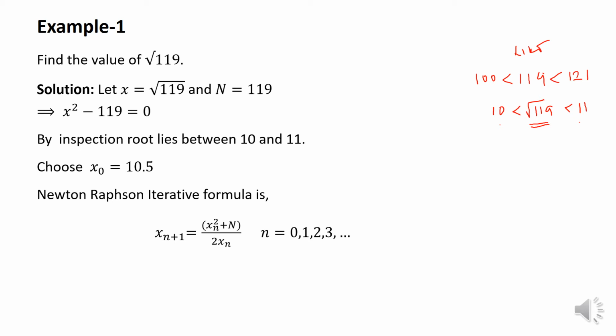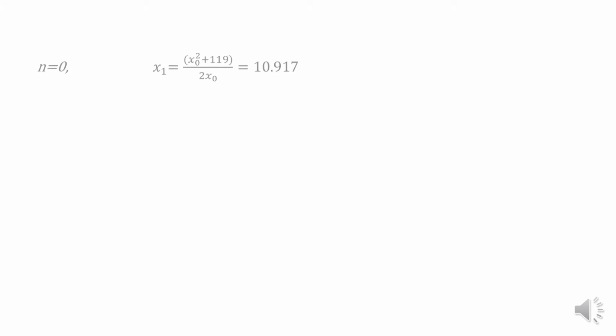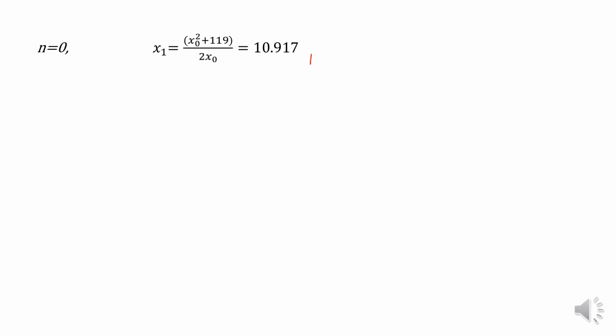Upon substituting, n equal to 0, x1 equal to (x0 square plus 119) divided by 2x0, that is our x0 is 10.5, so (10.5 whole square plus 119) divided by 2 into 10.5. After solving this, we'll get our x1 equal to 10.917.